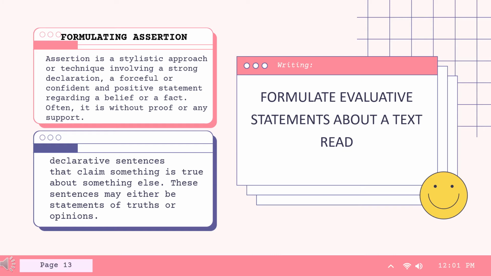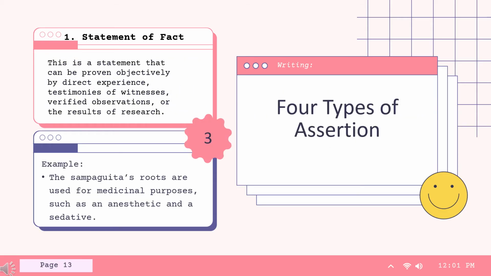These sentences may either be statements of truths or opinions. Just like a claim, we all know that it is also in the form of a declarative sentence. It is not a question, it is a statement. If claims have different types, also in assertion we do have, and there are 4 types of it.